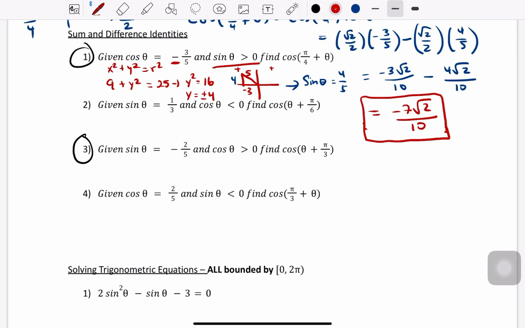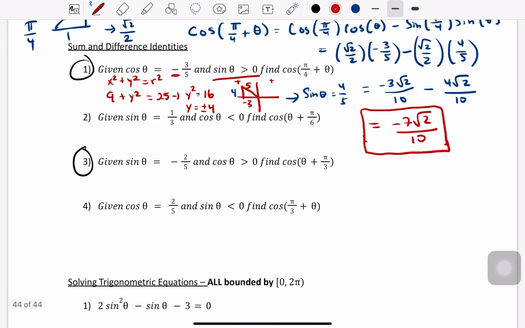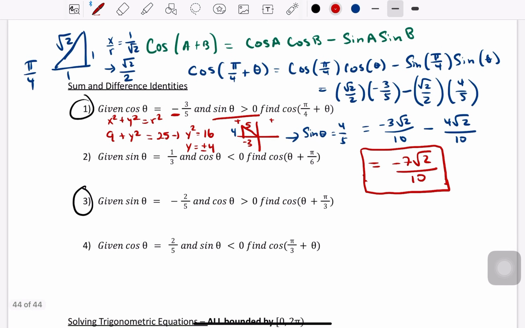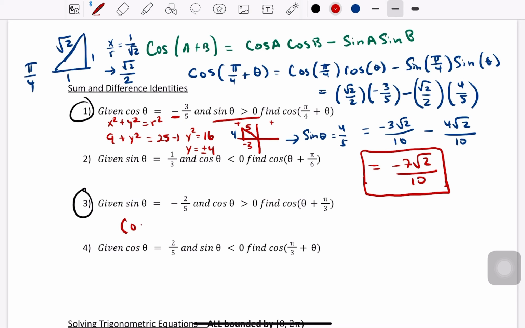Number 2, same process, right? I'm not going to rewrite the formula. It's up there in green. But we're going to plug in as we go. So I do want to do that part because I believe that should be standard. So I'm going to utilize this space here. But anyways, cosine, and in this particular case, it's going to be theta plus pi over 3.